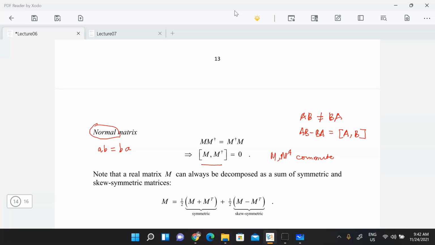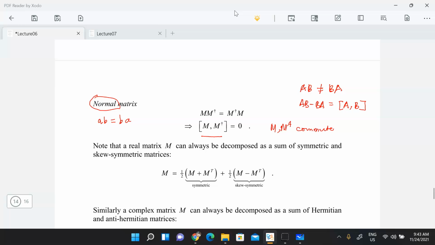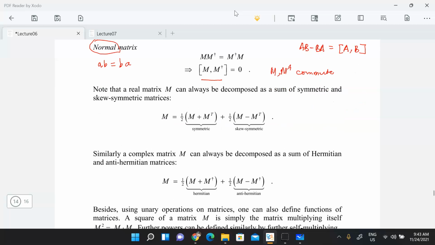If we limit ourselves to matrices with real entries, so you consider a real matrix, it can be symmetric if it has that property, or skew symmetric, but generally it will be neither. What happens in this case is that one can always decompose a general real matrix into two parts. What I'm doing here is a kind of trick.